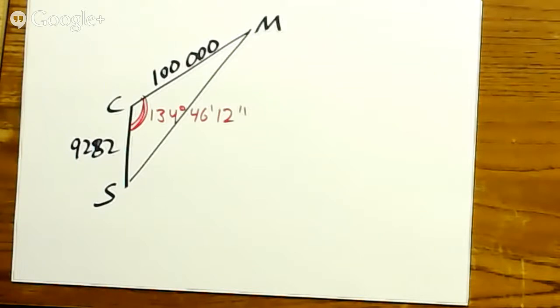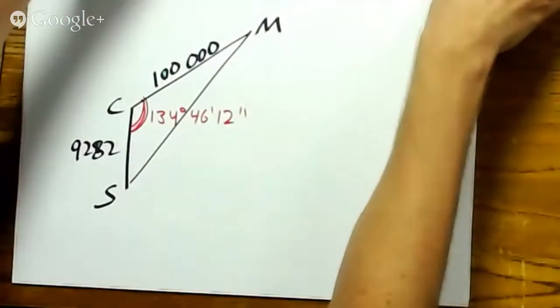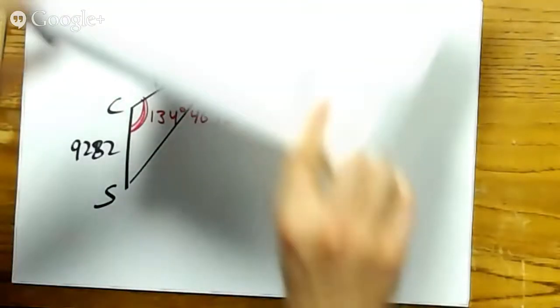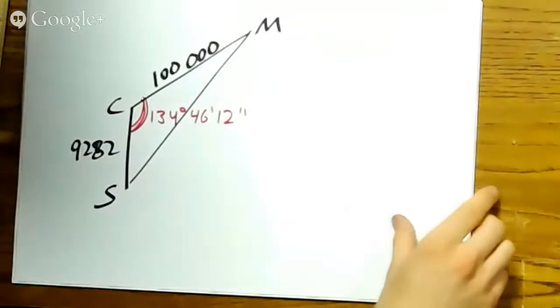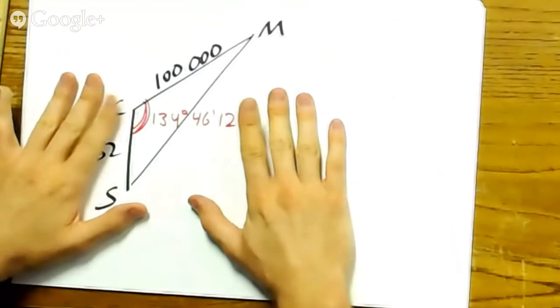And this is the law of cosines. I guess I'll write just the formula itself on a separate sheet here. Okay, so we'll come back to this question in just a second.